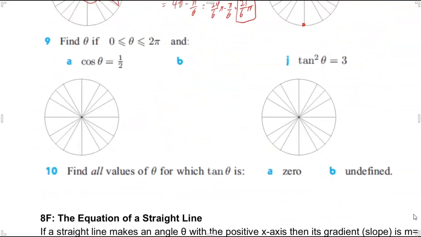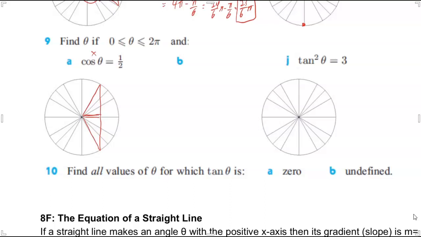And next, number 9. Find theta if theta is between 0 and 2 pi and cosine of theta equals 1/2. So basically we're saying the x-coordinate of the triangle is 1/2. That would mean the tall 30, 60, 90 triangle, right? It would be these two, right? The x-coordinate is the short side, positive.